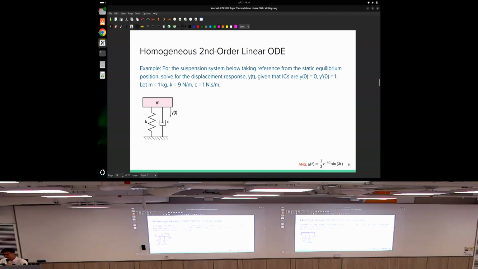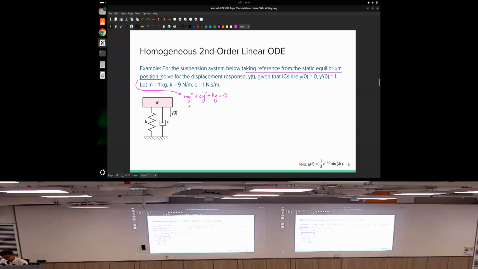So what's the ODE? The ODE will be my'' + cy' + ky = 0, because there are no external forces acting on the mass.